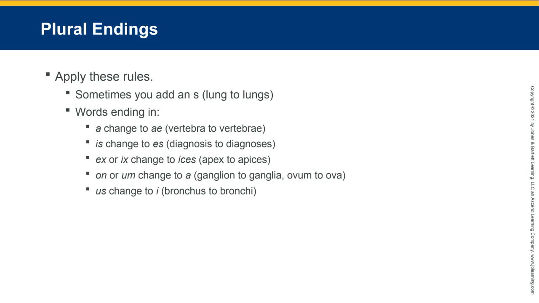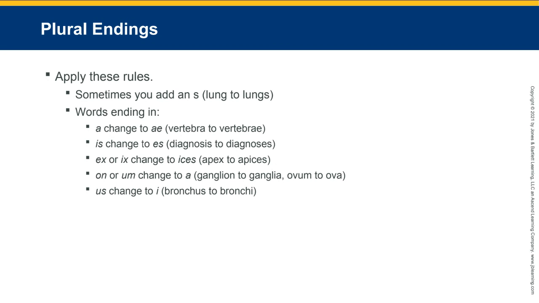Sometimes you add an S. One lung, two lungs. Words ending in A change to AE. One vertebra, more than one vertebrae. Words with IS change to ES. One diagnosis, many diagnoses. Words with EX or IX change to ICES.